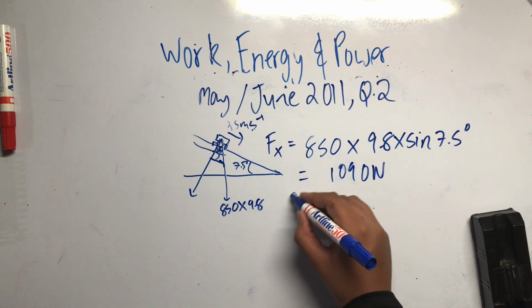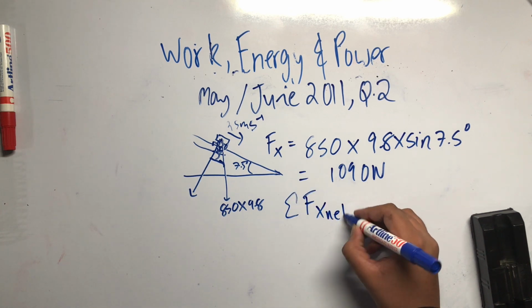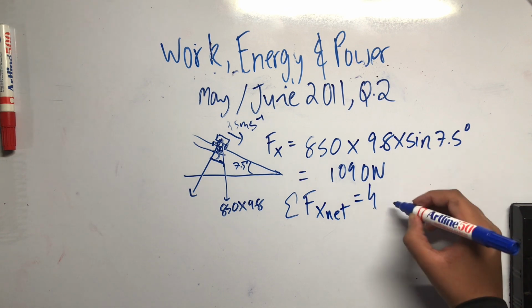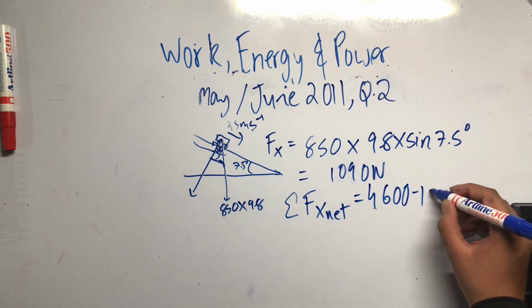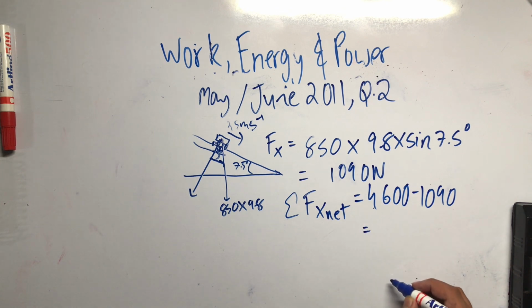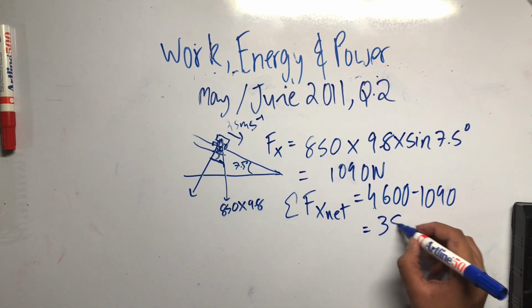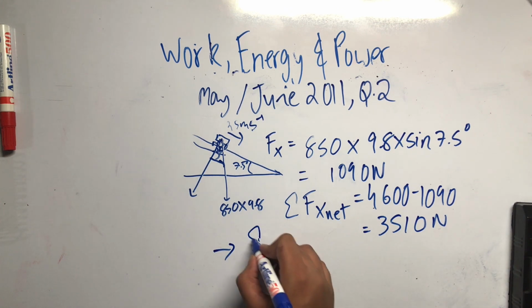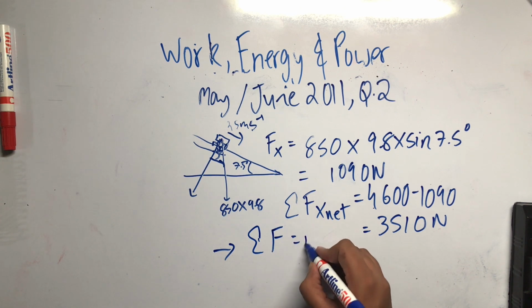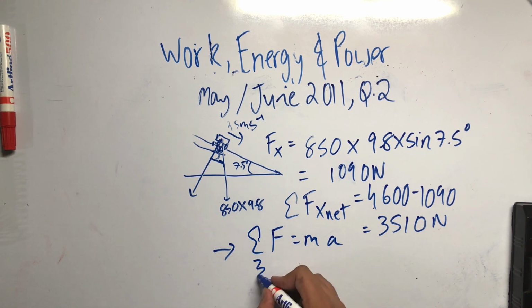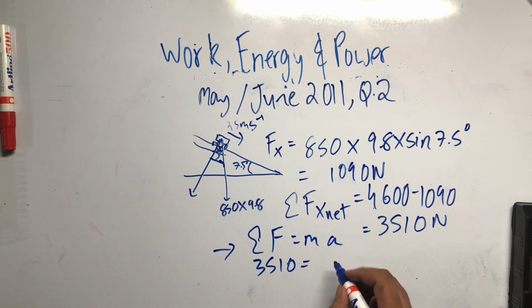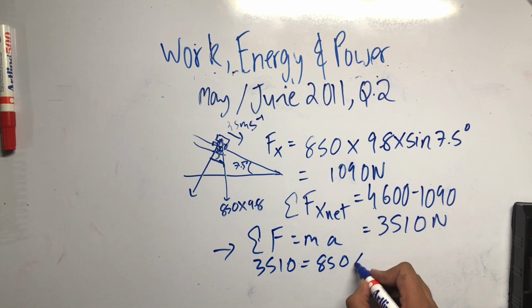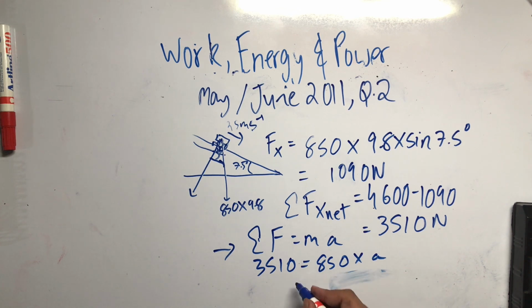Hence the net force along the x-axis, F net, is equal to 4600 minus 1090, which is 3510 newtons. Since sigma F is equal to ma, 3510 is equal to 850 times a, hence a is equal to 4.1 meters per second squared.